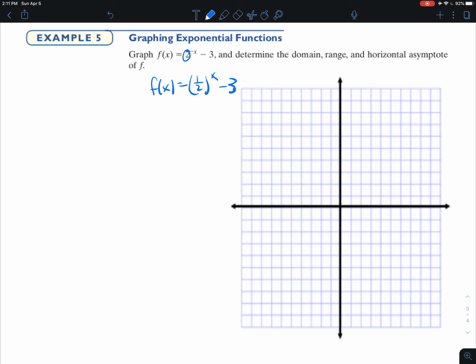It's going to look like the previous one, except we're going to move everything down 3 units. So where the asymptote was at 0, it's now at y equals negative 3. I can make a table if I want to be confident about plugging in these points.